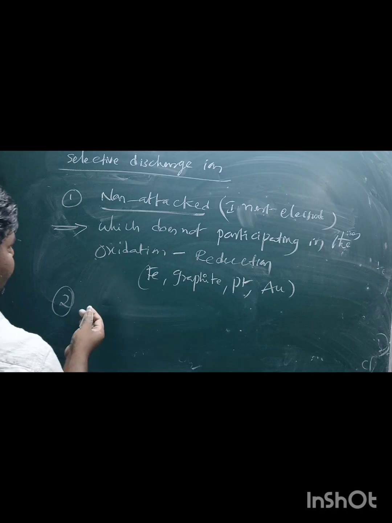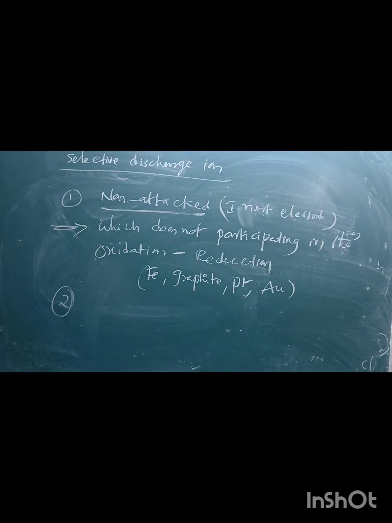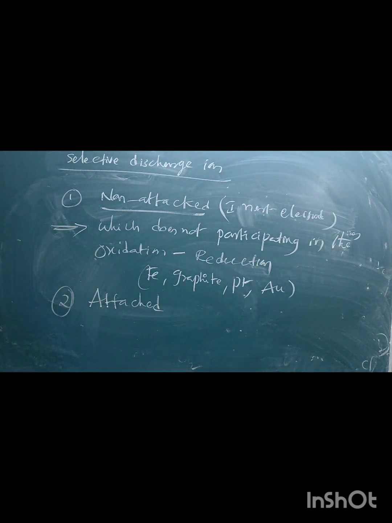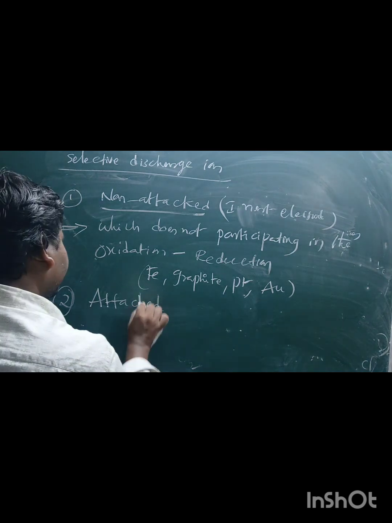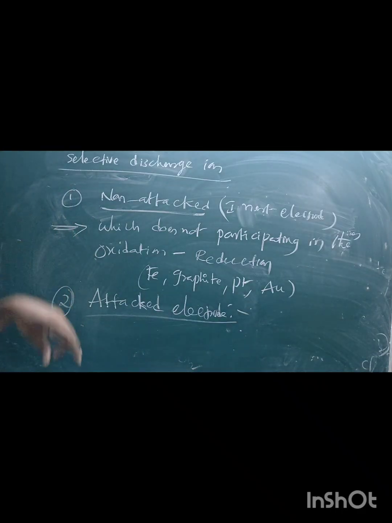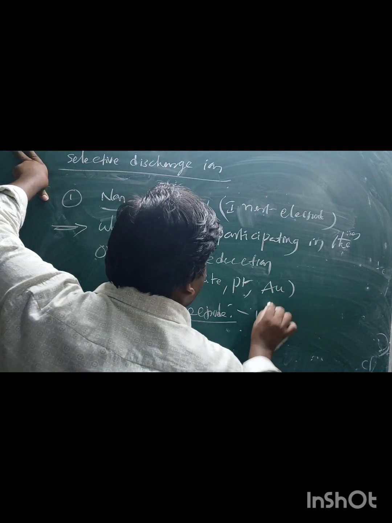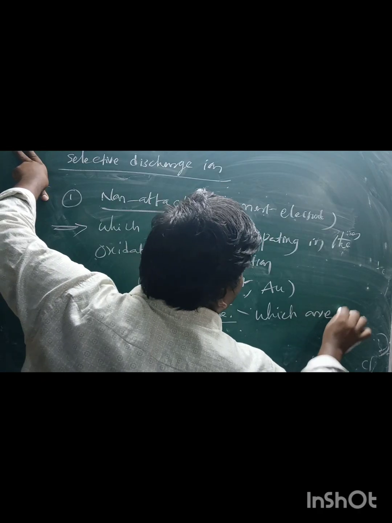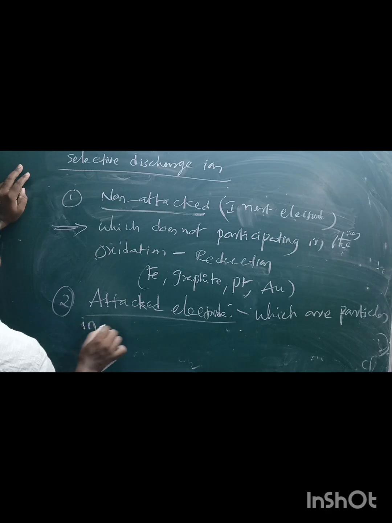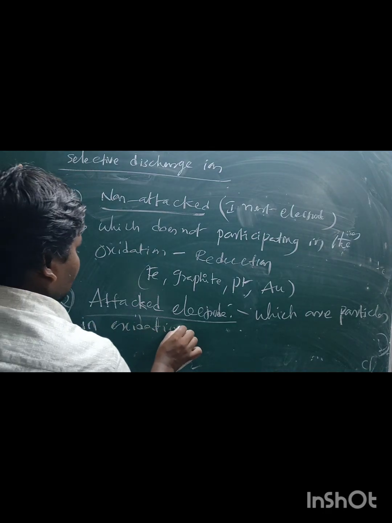The second one is the active or attacked electrode. What is the definition of an attacked electrode? It is an electrode which itself participates in oxidation or reduction.